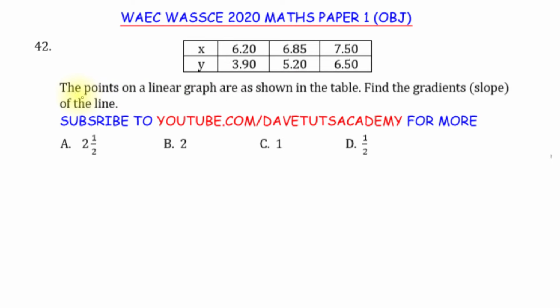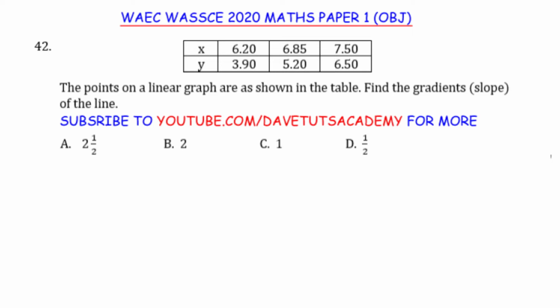Here in this question, we're told that the points on a linear graph means that it is a straight line graph, as shown in this table with these values. We are to find the gradient or the slope of the line.